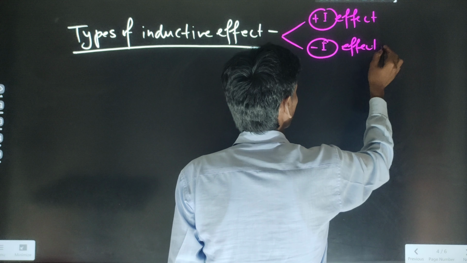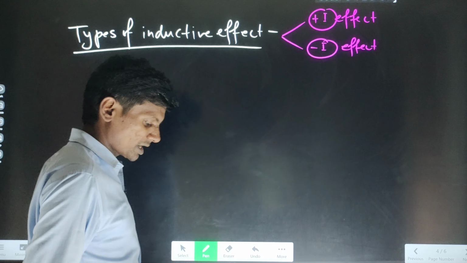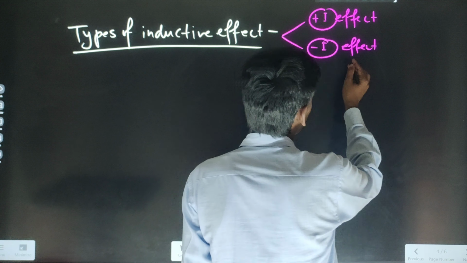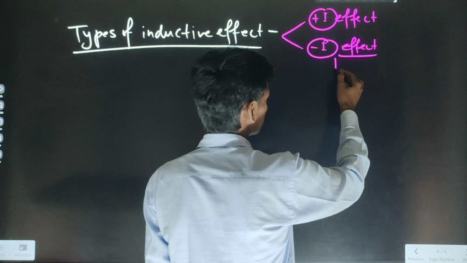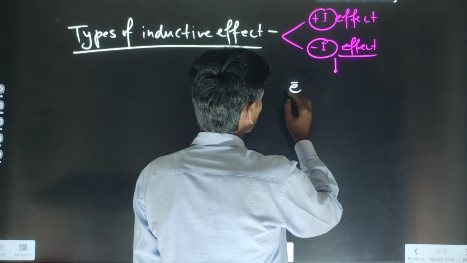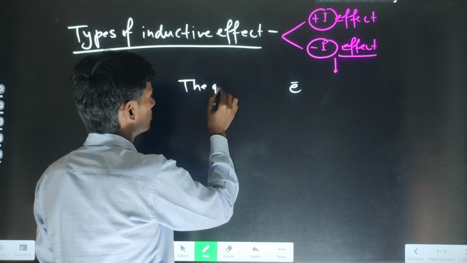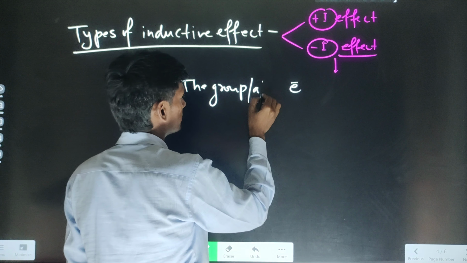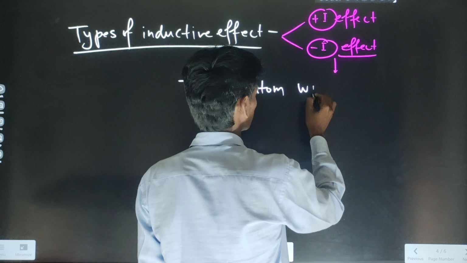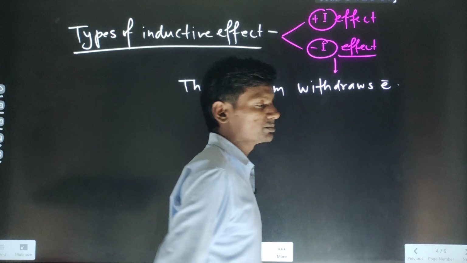It means negative inductive effect. Okay, let's discuss first of all minus I effect, means negative inductive effect. Negative inductive effect is that where the group or atom withdraws electron.